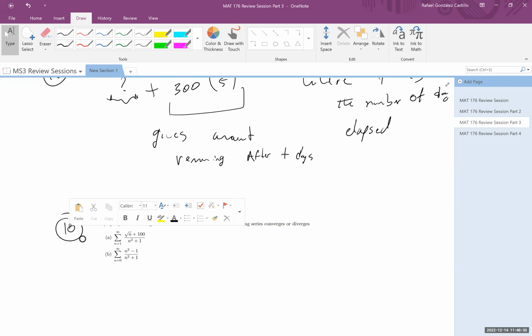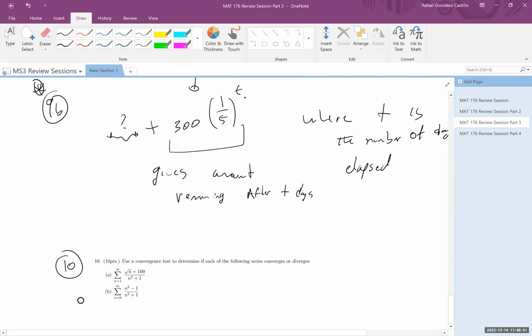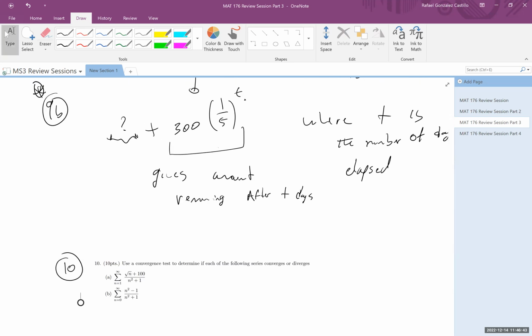I have to sit down and think about it. I was thinking 300 plus this, but the issue is that it doesn't work for day 1, because at day 1 we'll have 600. So I just have to think a little bit more about it. There's one more digit that I'm missing. Unless I do t plus.